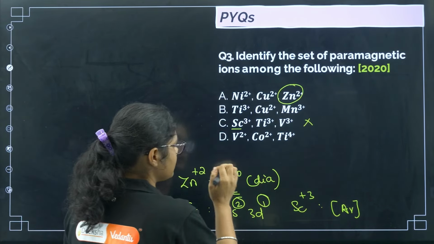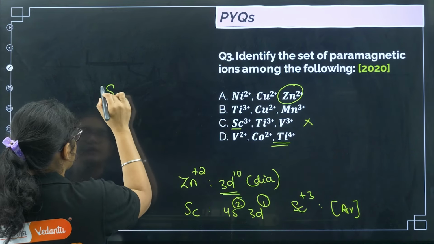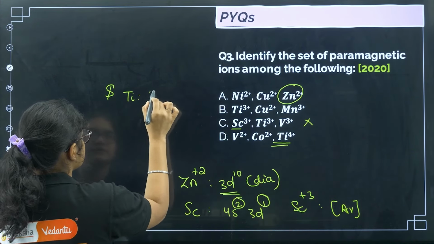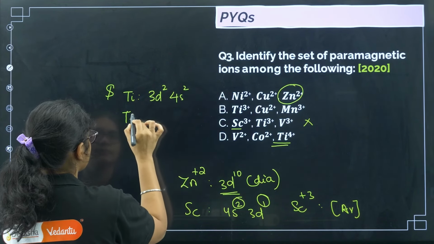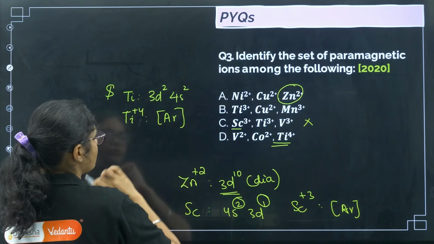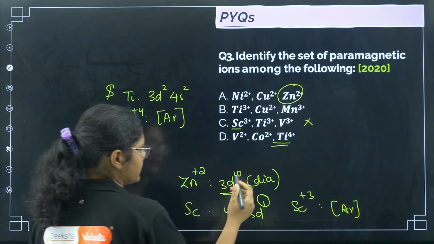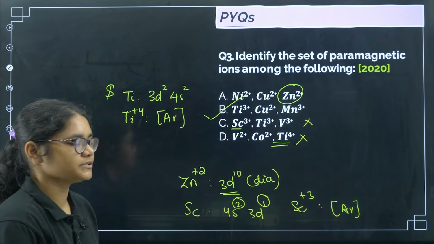You need not check everything, you can just check one element. Titanium electronic configuration is 3d2 4s2, right? So Ti4+ will again have the electronic configuration of argon, which is again diamagnetic. So we can eliminate this also. The correct answer for this question will be option number B.